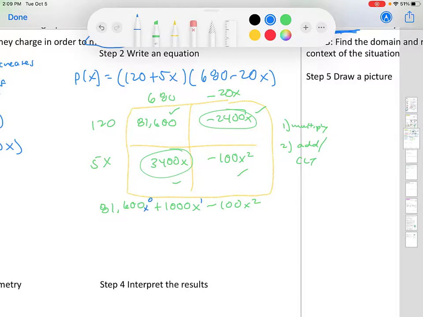This is called ascending order. You notice the exponents 0, 1, and 2. So if you just flip it around, this is now descending order. And descending order is what we need for standard form.